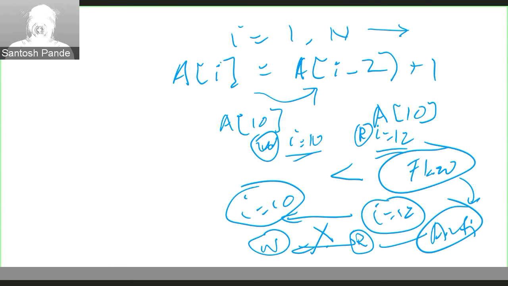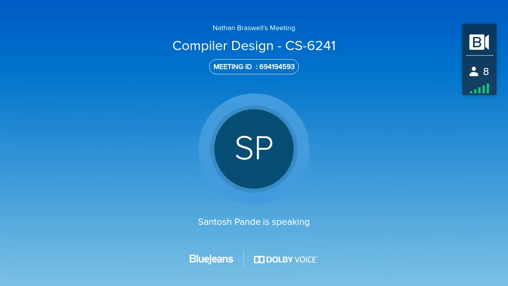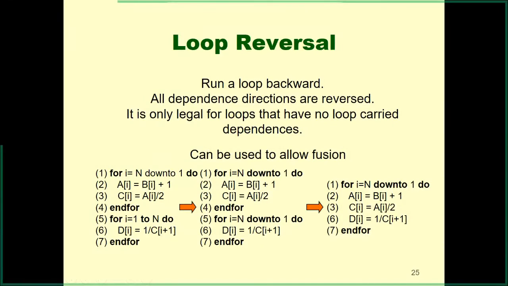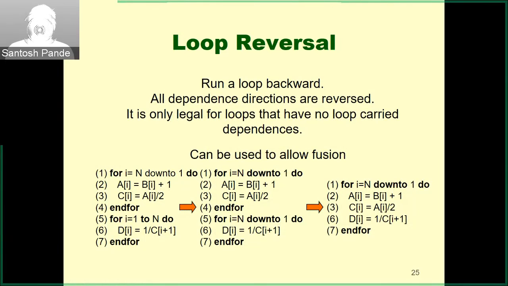And of course, the reason we do a reversal is to be able to align the loops for fusion. The rules for fusion don't change, they remain the same. They must preserve and not introduce any additional dependencies. They should make sure that the forward dependencies are preserved and so on. So I hope there are no questions here, because we were able to do this reversal for the lower loop because it has no loop carried dependencies.